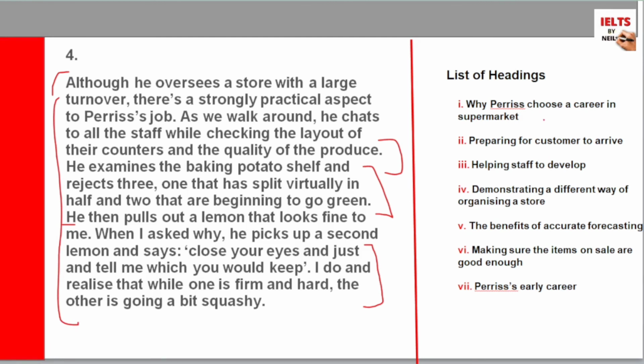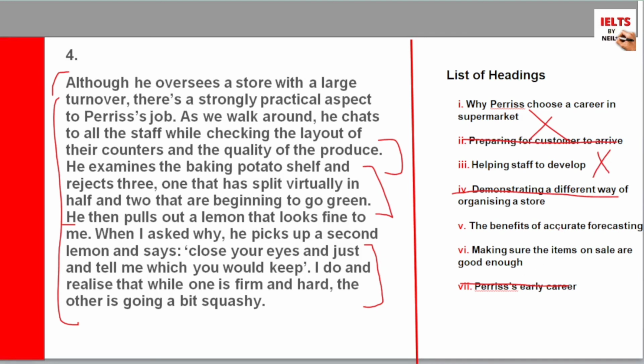So let's try to find out the correct answer. Before going through the headings, let's cut off the headings which are already taken. That's gone, that's gone, and that's gone. Okay, number 1, why Paris chose a career in supermarket? No, big no. Helping staff to develop? No, they're not talking about helping staff to develop because they're only talking about the produce, the quality.